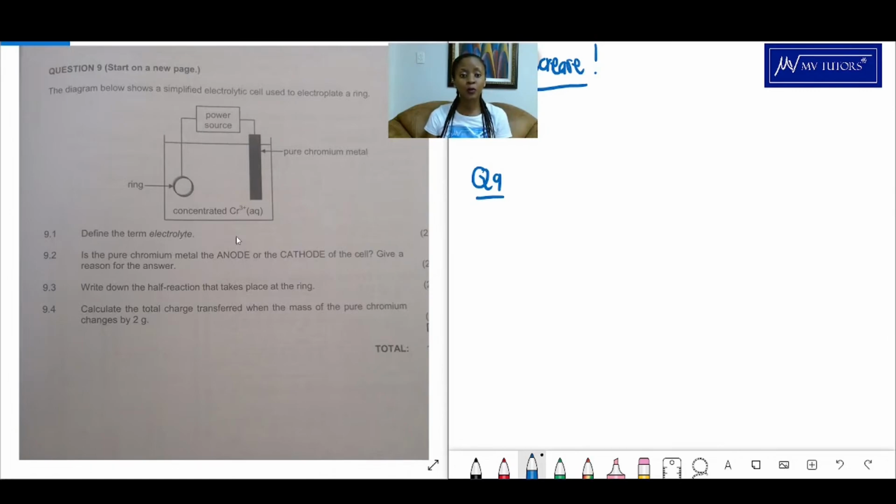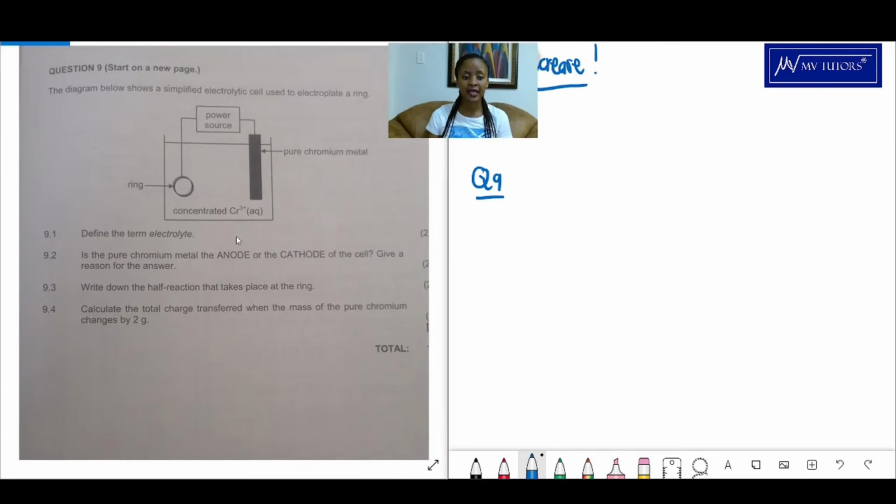You're going to have your pure chromium metal, and that's where oxidation occurs. So like we always say, it's going to start losing some of its mass.